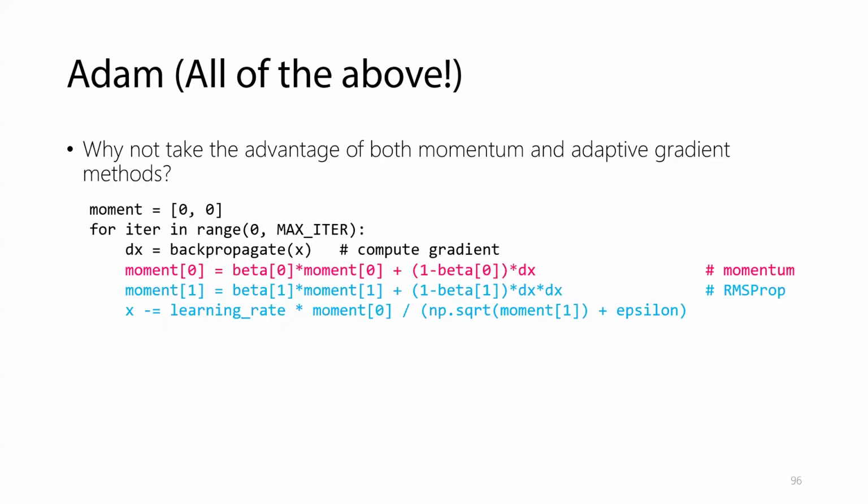Now, if the momentum method and the adaptive gradient method make sense intuitively, here's what's called ADAM, which is all of the above. It's a hybrid between momentum and adaptive gradient. In a nutshell, again, you don't have to understand the entire thing, but we have the red line, which is basically the momentum equation written with different variables.